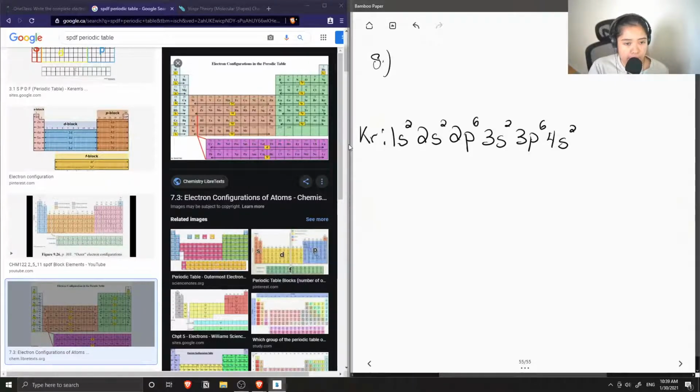So instead of row 4, we write row 3, D, and the D block is able to hold a maximum of 10 electrons. So we write 3d10, and then we move across to 4p, and krypton is at the very end, so we write 4p6.